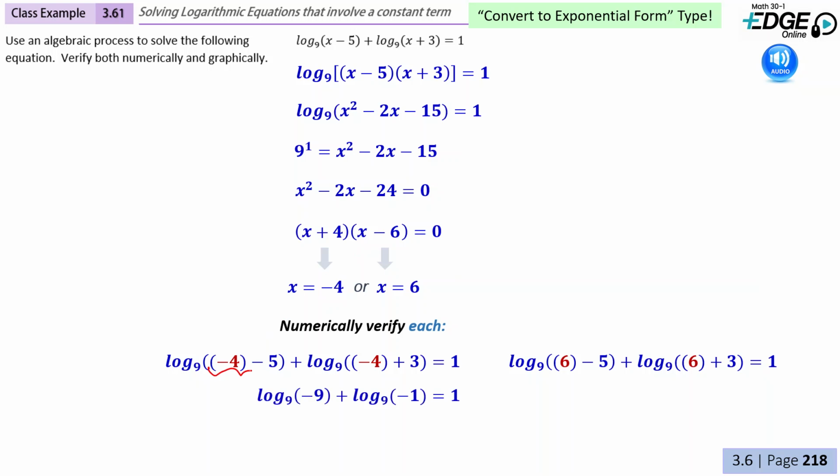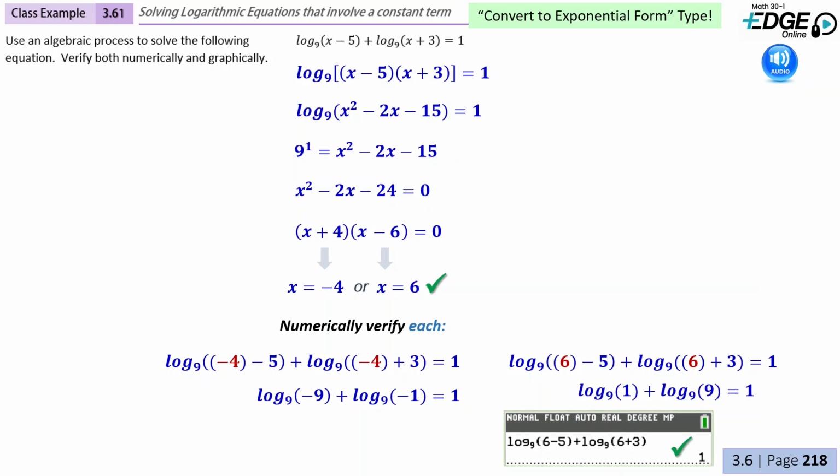And if we simplify the inside here, you see that we have negative 9 and negative 1 for the inside of my logarithms. If we substitute 6 back in, then we end up with log base 9 of 1 plus log base 9 of 9 is equal to 1.